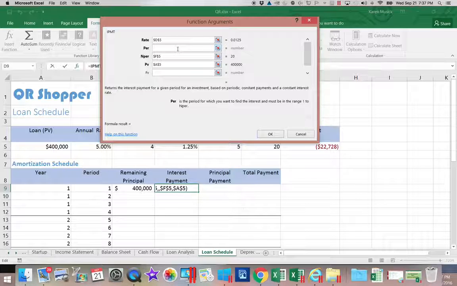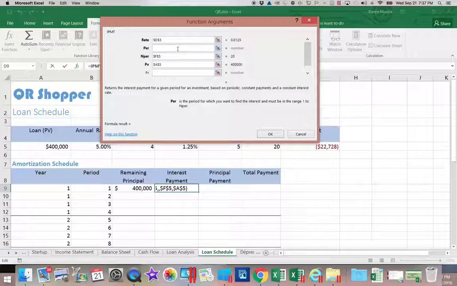So what period means is it needs to know which payment number this is. It's going to be something between 1 and 20. But it needs to know which one this is, because the way the loan payments work is in the first payment, it calculates the interest off of a $400,000 loan.